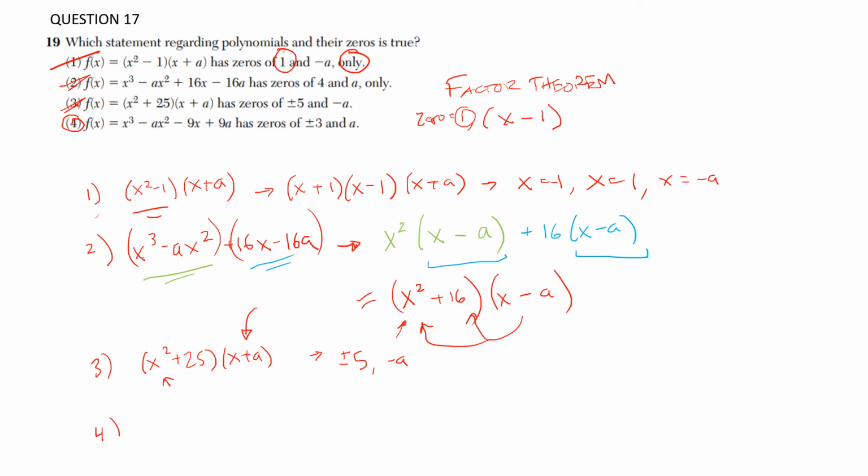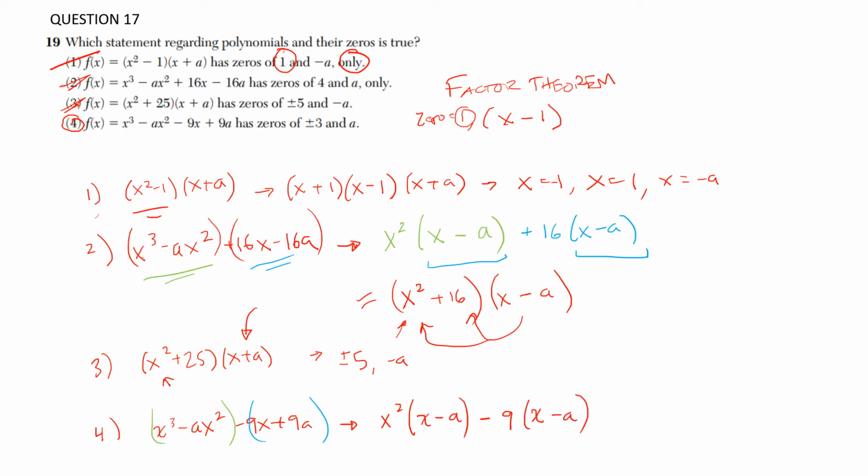If we take choice 4, we have x cubed minus 8x squared minus 9x plus 9a. We can once again group them, one here and a second one here, and then rewrite as x squared times x minus a, minus 9 times x minus a.